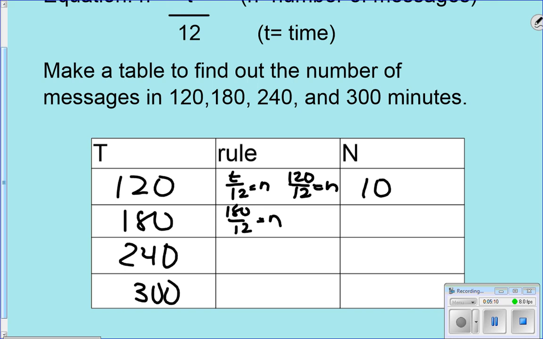It has to be 15. 15. Yes, it is. Carter, do the next one. Oh, that's an easy one. Do the 300 one. 240 divided by 12 would be what? 20. This is 20. What's 300 divided by 12?